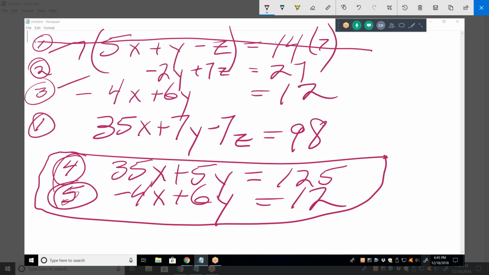It'd be nice if I could multiply 4 times something to make it 35, but I can't. So eliminate y. How are you going to eliminate y? Be specific. When I ask a question, tell me exactly what you're going to do.